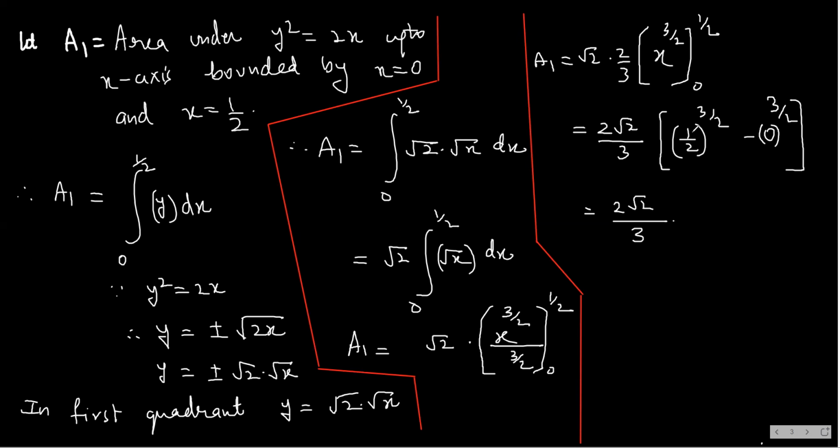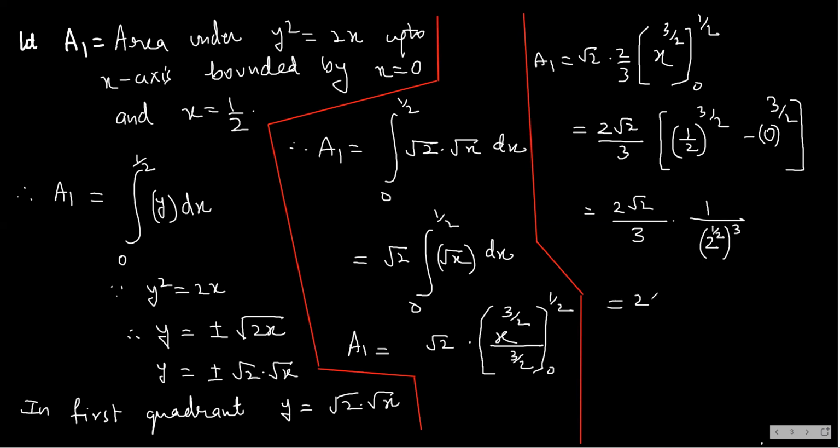So 1 raised to 3 by 2 is 1, and down here you have 2 raised to 3 by 2, which I will write as 2 raised to half, then the whole cube, because the power of power multiplies. So 3 multiplies 1 by 2, you get 3 by 2.